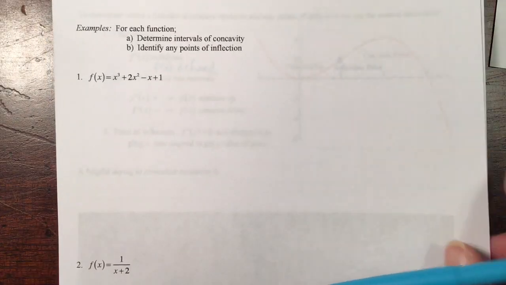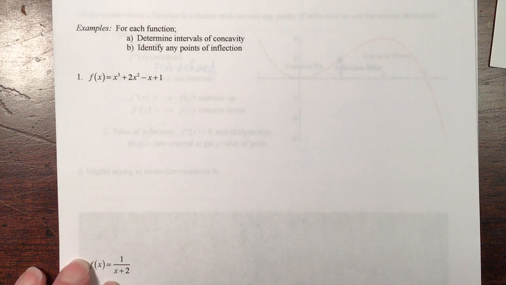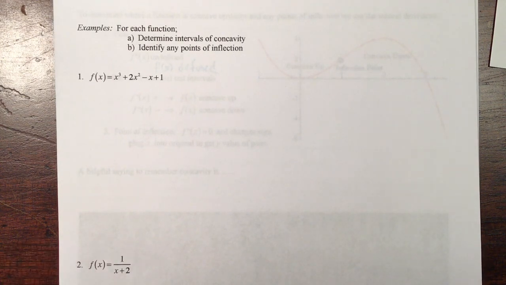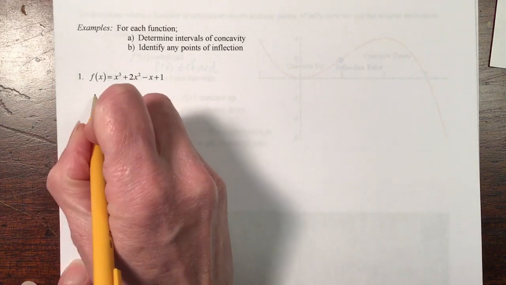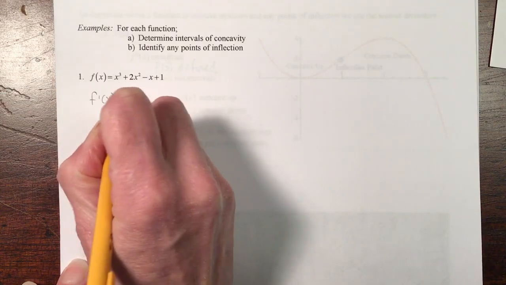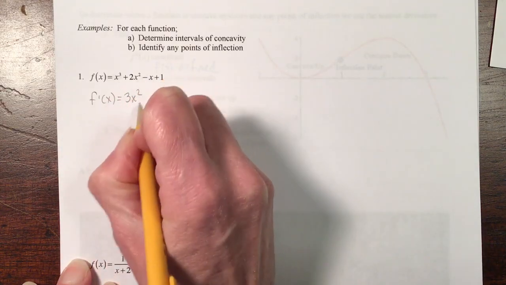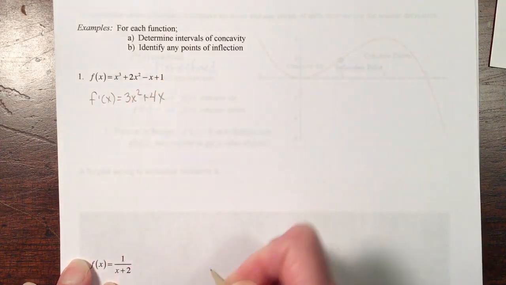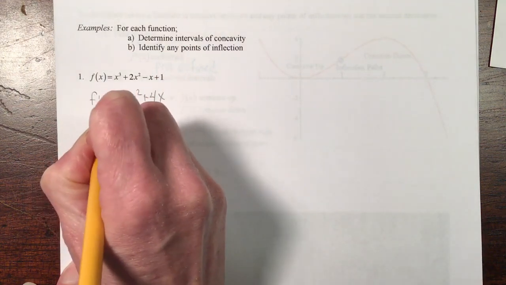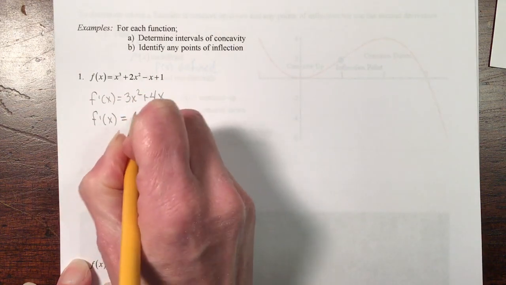So now for each function, we just want to determine the intervals of concavity and identify any points of inflection. If you notice, I took the function from above, so we pretty much already have the second derivative, but it's easy enough to find.